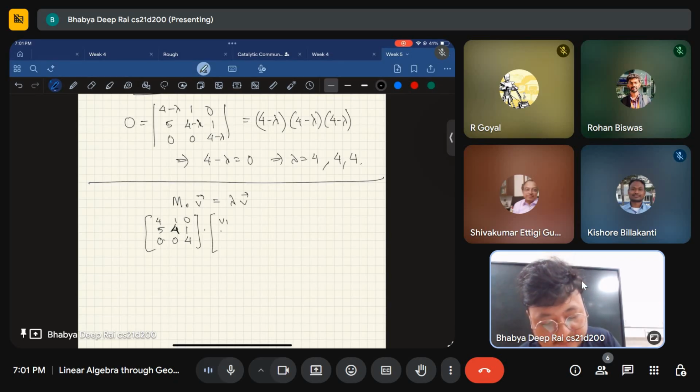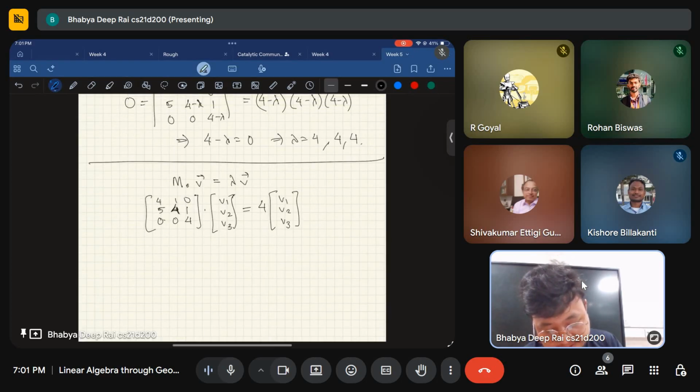Let me call it v1, v2, v3. Now you substitute lambda: 4 times v1, v2, v3.